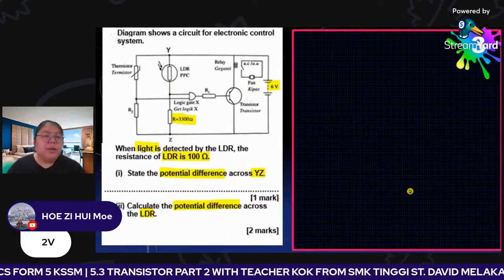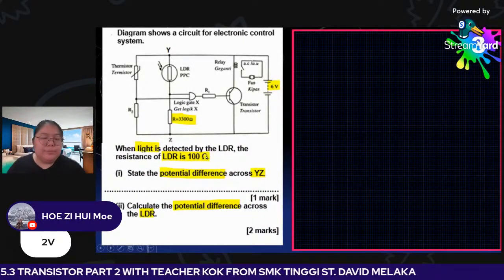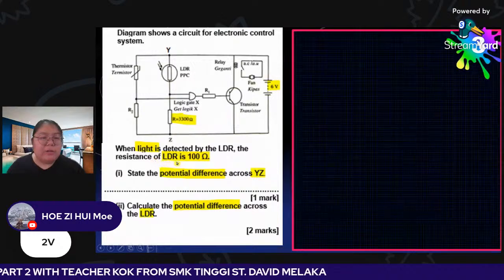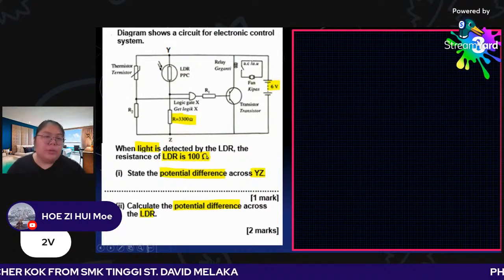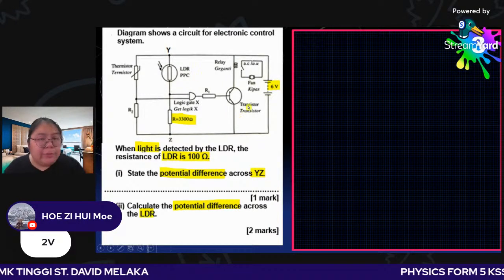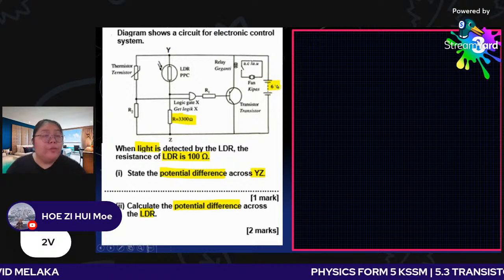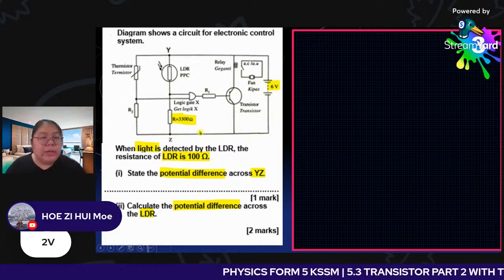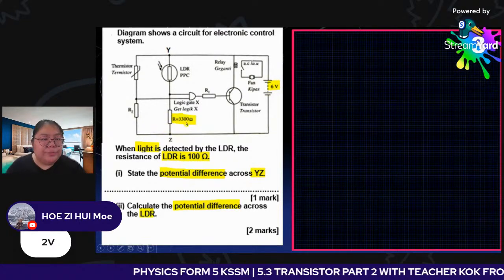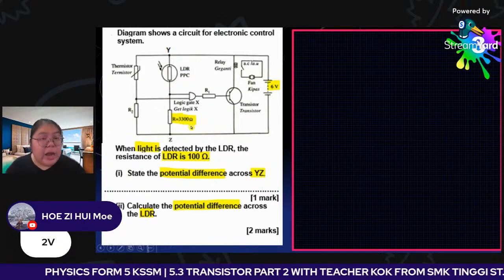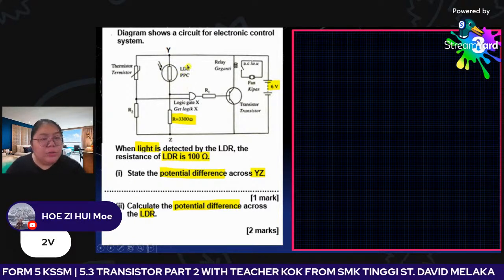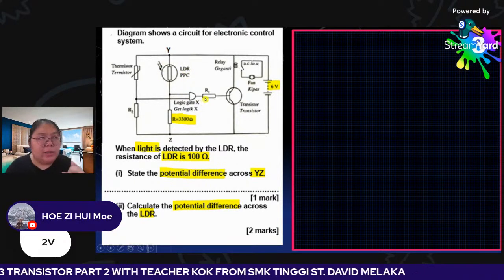Number 3. When the light is detected by the LDR, the resistance of the LDR is 100 ohm. Okay, we see the diagram first. Main voltage 6 volt. This one is a resistor of 3300, and this one is an LDR. The LDR is at the top.